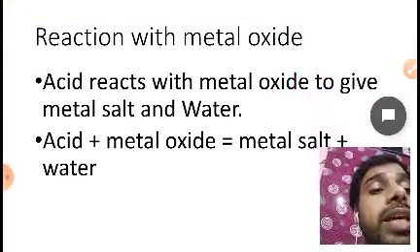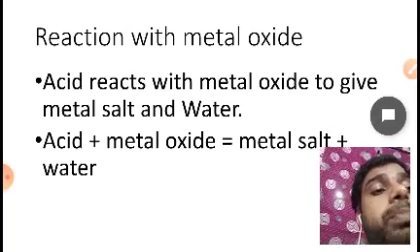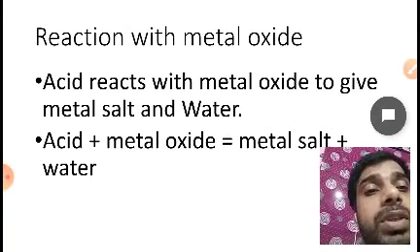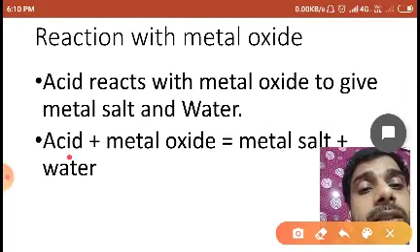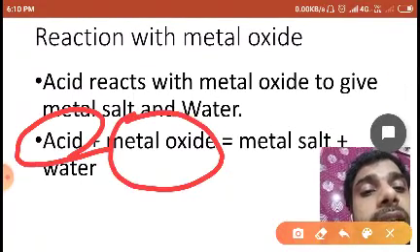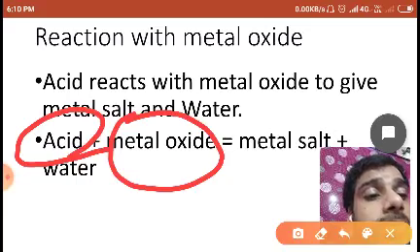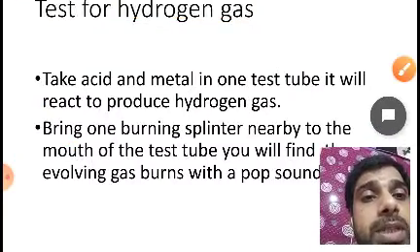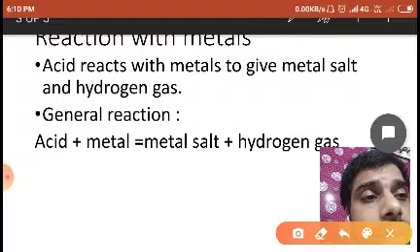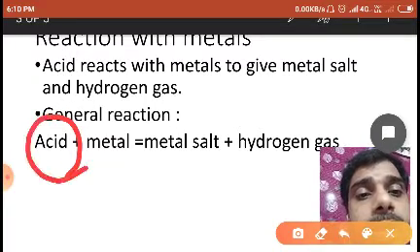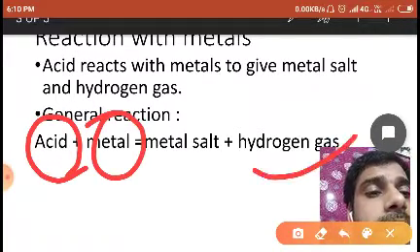Okay, now next is reaction with metal oxide. Here is the general reaction: acid plus metal oxide. What was the previous reaction? The previous reaction was acid plus metal, giving hydrogen gas.